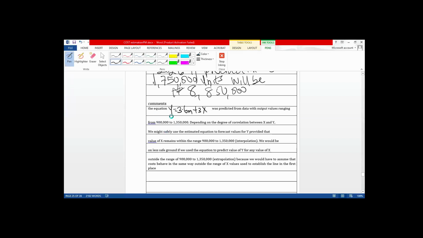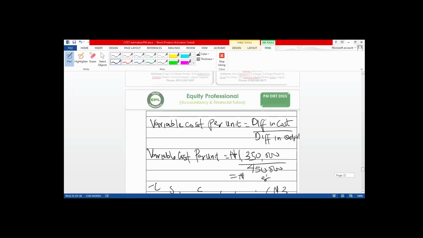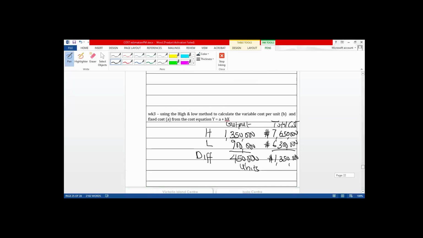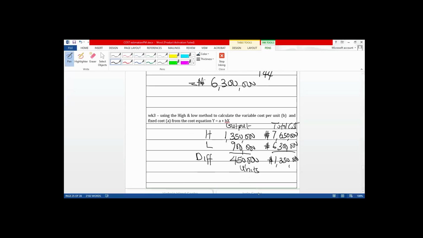The equation was predicted from data with output value ranging from 900,000 to 1,350,000. We have predicted this cost from this range between 900,000, the lowest figure, and 1,350,000, the highest figure.